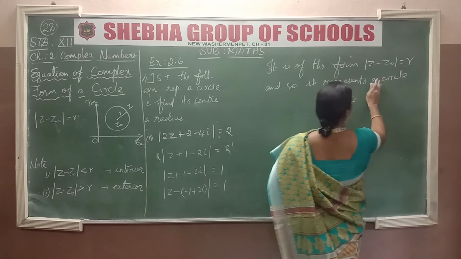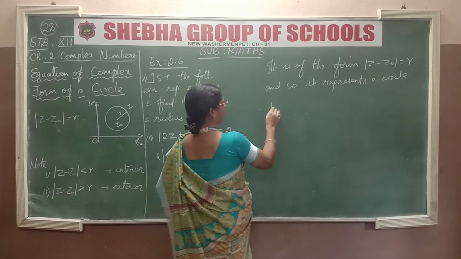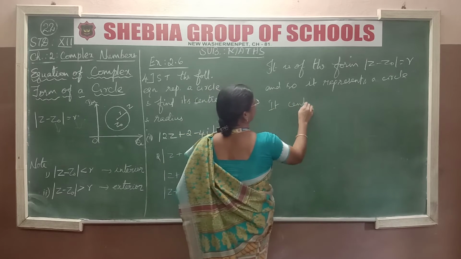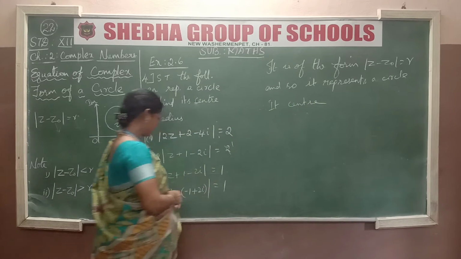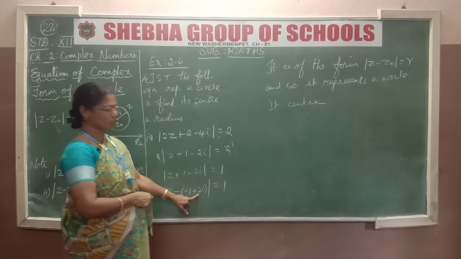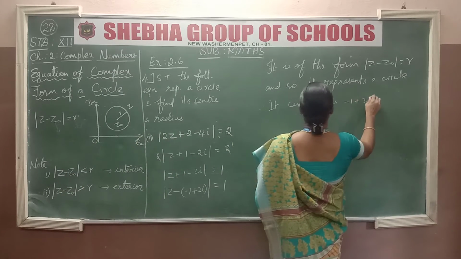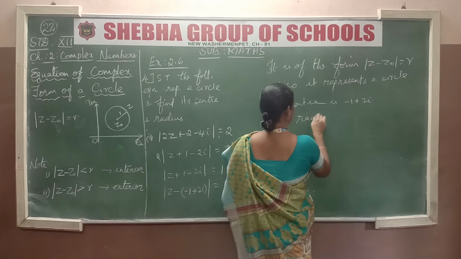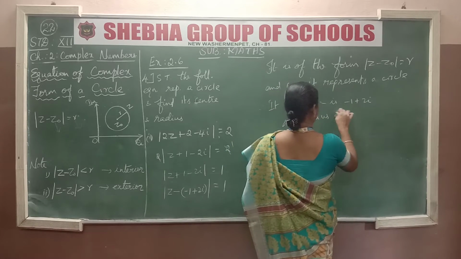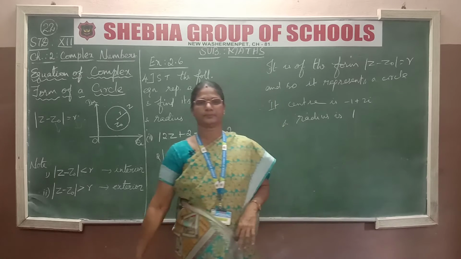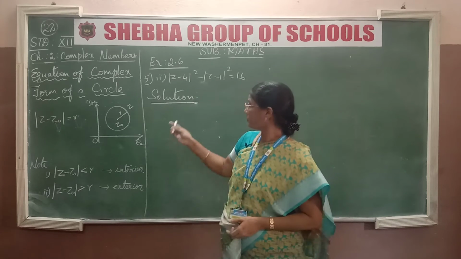It represents a circle and therefore its center is what? Center is minus 1 plus 2i and radius is 1. Understood this?